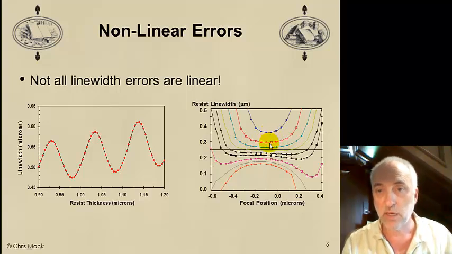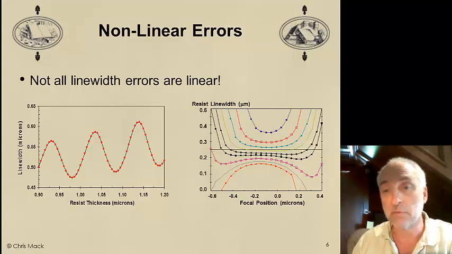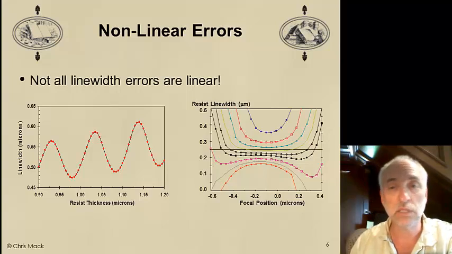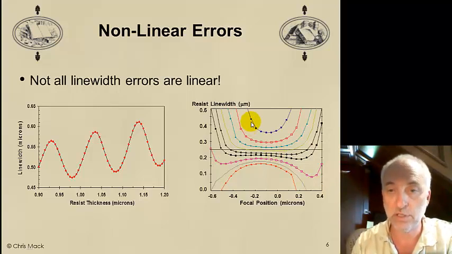These, by the way, are different exposure doses. So focus and exposure are coupled in their response, in their ability to affect resist line width. At low exposure doses, going out of focus makes the line width bigger. At high exposure doses, going out of focus makes the line width smaller.